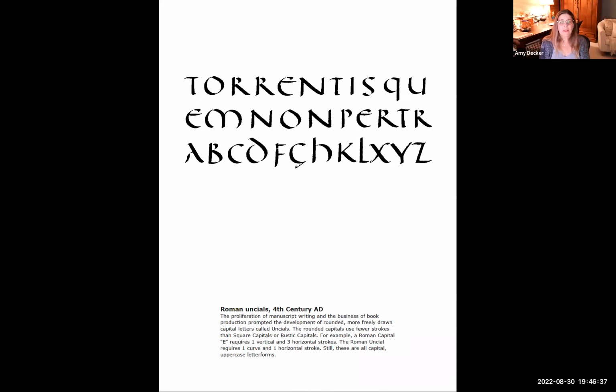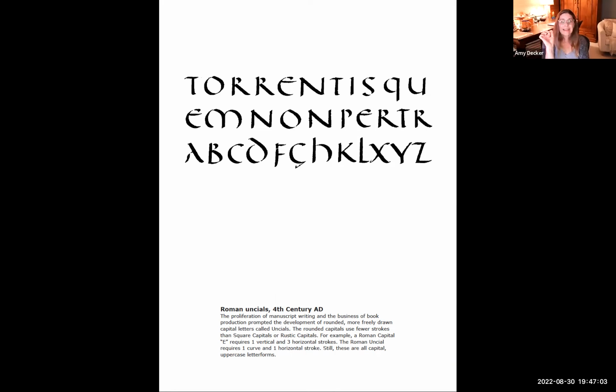Well, by changing the shape of the letter forms. So you can see here that these letter forms are much more rounded. Look at the E. It's not 1 stroke down and 3 strokes across. It's 2 strokes. So you went from 4 strokes down to 2. You have 1 curve and 1 in the middle. That equals 2 strokes. If you wrote it straight down and 1, 2, 3, that's 4 strokes.